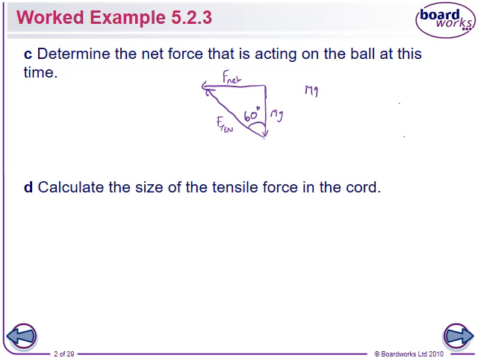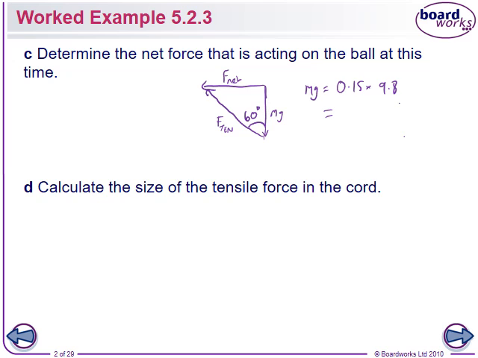So mg is equal to 0.15 multiplied by 9.8. So I get 2.2. Hang on, I did 1.5, sorry, my bad.